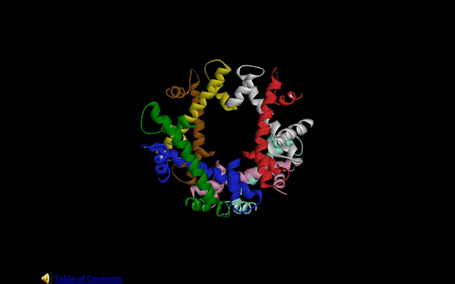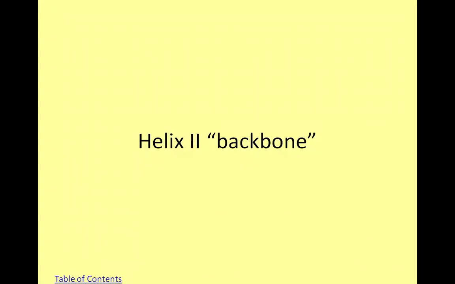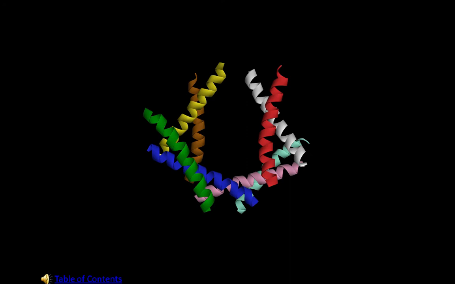Next, we're going to really strip this structure down to its bare essentials by looking exclusively at the helix 2s in the octamer core. Here's the most minimalist view of the octamer which is possible, a view showing nothing but the 8 helix 2s.